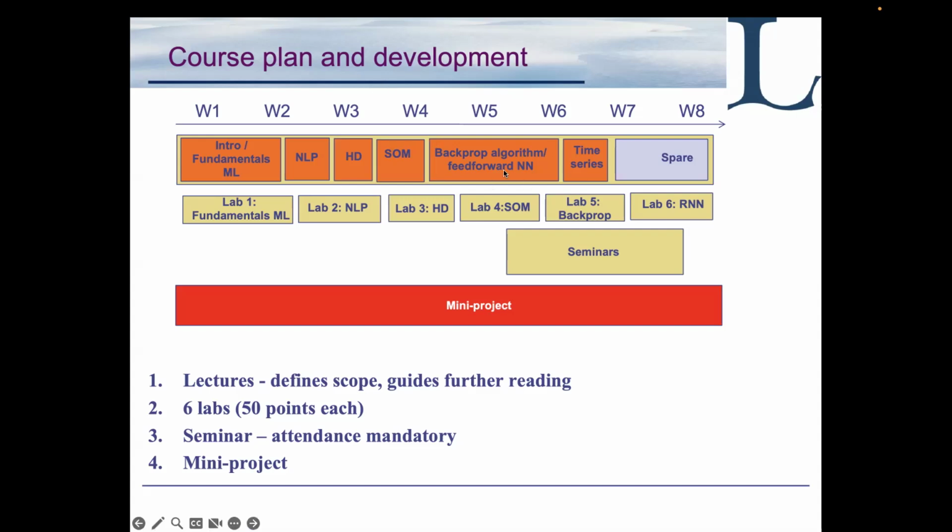And then after self-organizing maps, I go into the classical multi-layer perceptron with backprop, focusing really on the mathematics behind it. So why does it work, and the internals of the implementation. The overall concept is that in this class, we do not use libraries, not at all.